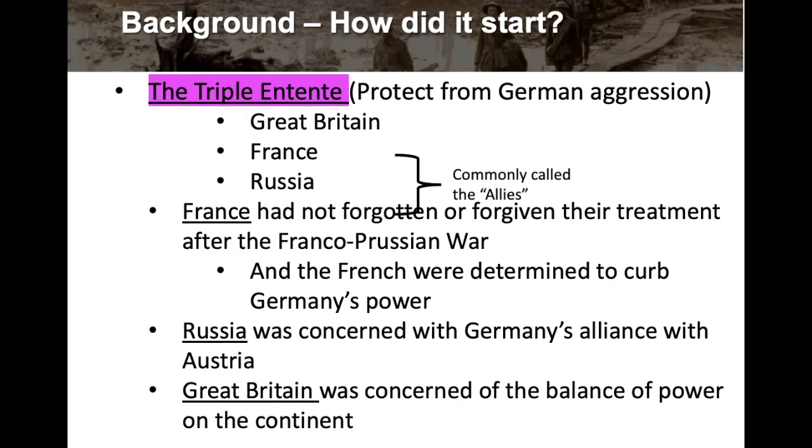Russia was concerned with Germany's alliance with Austria. And we're going to see that in a little bit, because Austria is going to do some things in the Balkans, the Balkan region.